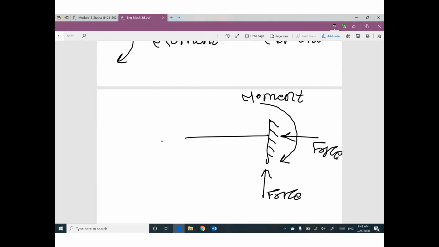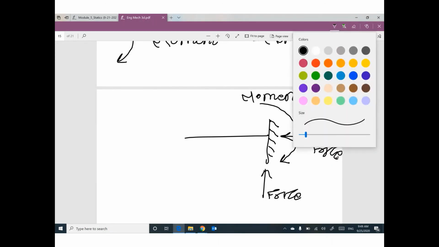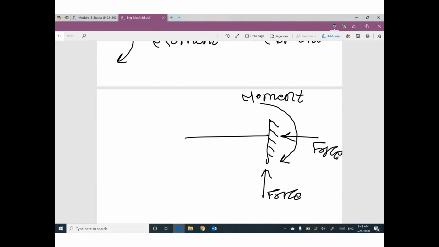If you are taking a moment at any point equals 0, please remember, if you have a force, this force still needs distance to make a moment. But if you have a moment, this value does not need distance. So please don't multiply this one by any.